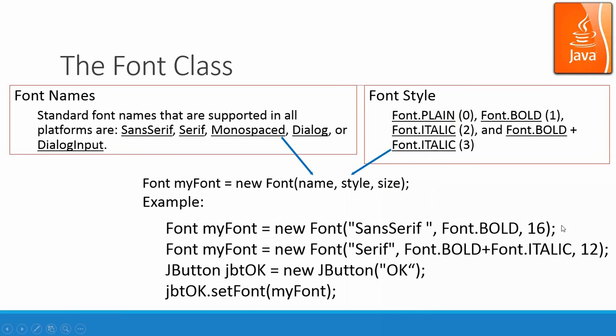And you also have the font size, 16, 12. And when you use it, you basically put these three pieces of information there, and you create a certain font. And then you can create an object with the label OK, the OK button. And then you set that OK button to have the font of such a style.